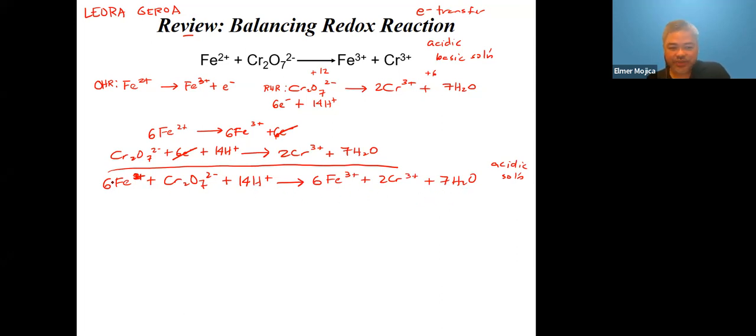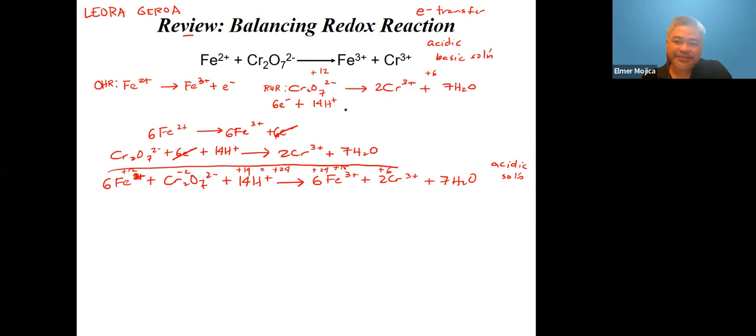And then in terms of charge, so this is 6 times 2, that's plus 12, minus 2, and then plus 14. So if you're going to add everything here, this equals what? 14 plus 12, that's 26, minus 2, that's plus 24. And here you have 6 times 3, that's plus 18, plus 6. So you also have plus 24.